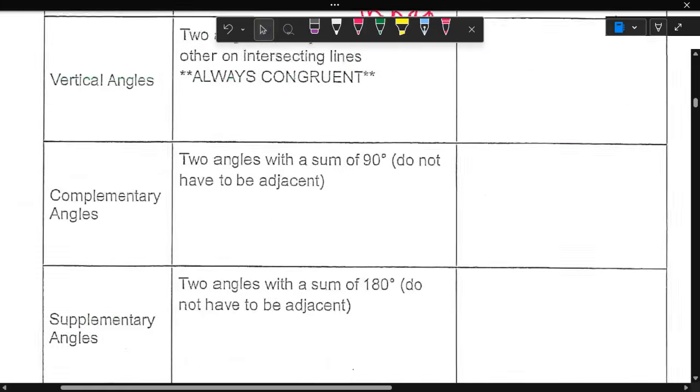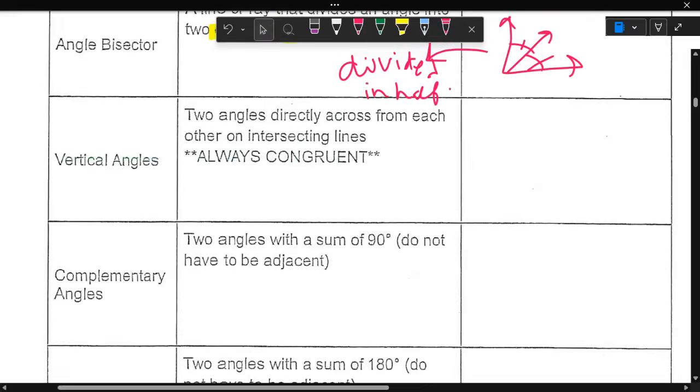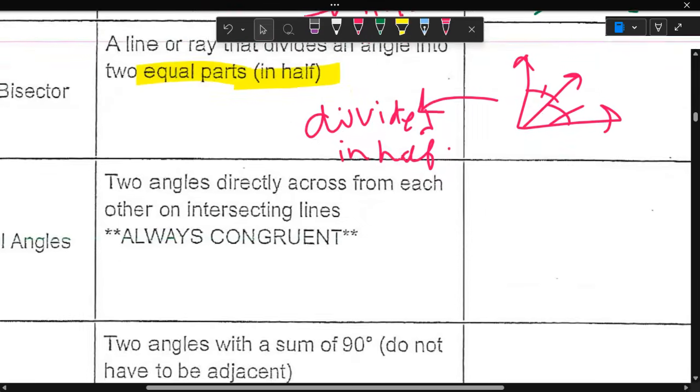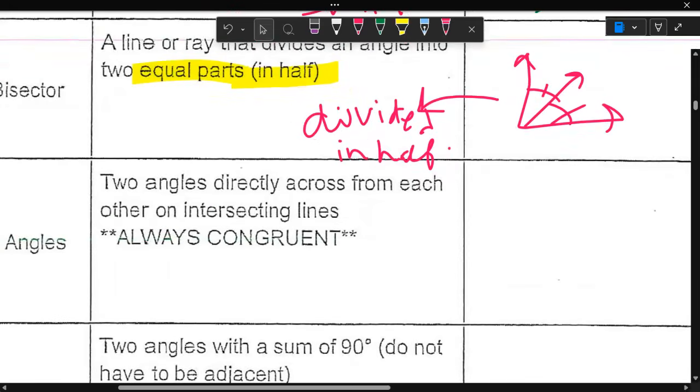Moving on, vertical angles, we are almost done, thank goodness. Vertical angles are two angles directly across from each other on intersecting lines. These are always congruent.